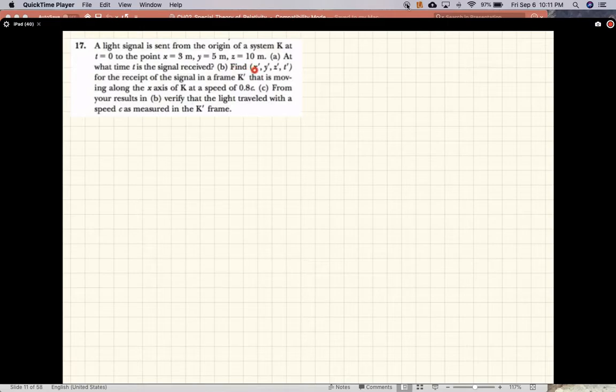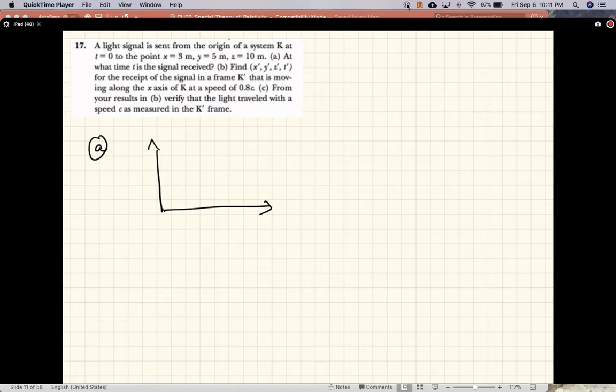And then find x prime, y prime, z prime, and t prime for the receipt of a signal in a frame K prime that is moving along the x-axis of K at speed of 0.8 c. From your results, verify that the light traveled with the speed c as measured in the K prime frame. All right, so let's do part A first.